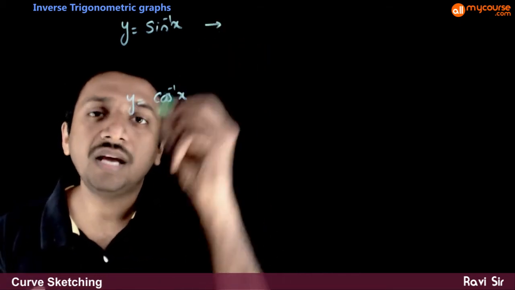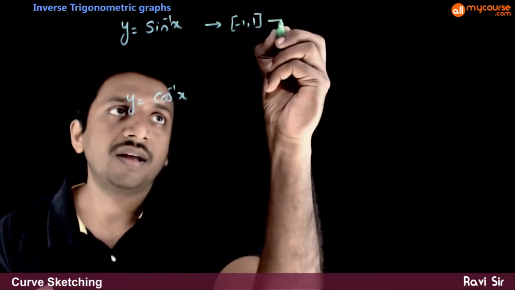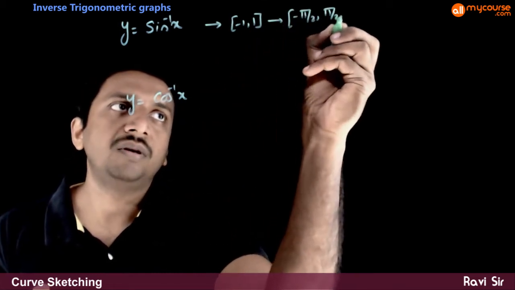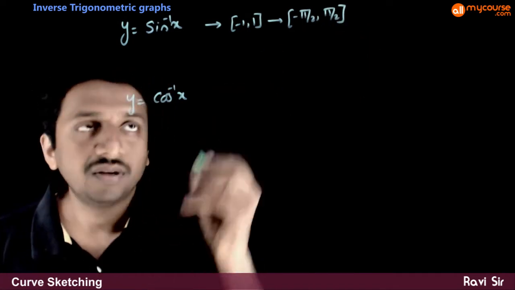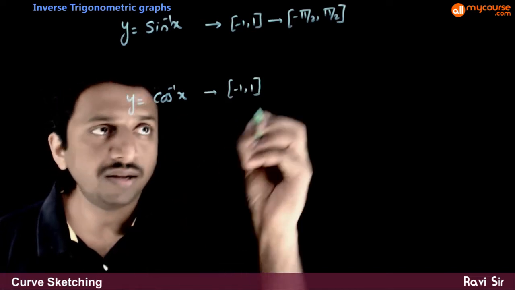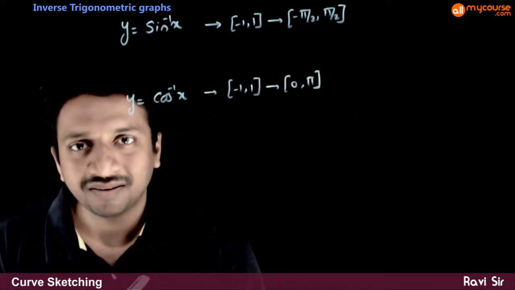For y is equal to sine inverse x, the domain is minus 1 to 1 and the range is minus pi by 2 to pi by 2. For cos inverse x, the domain is minus 1 to 1 and the range is 0 to pi.